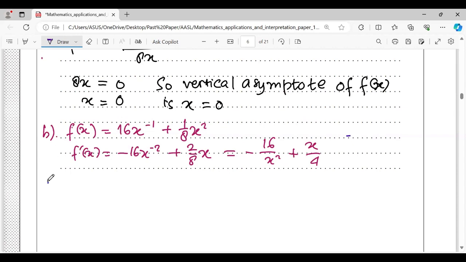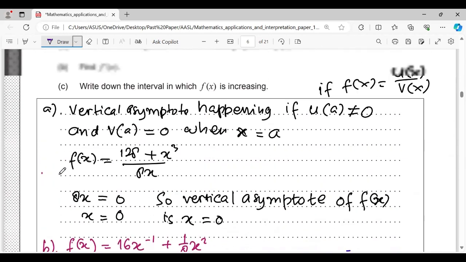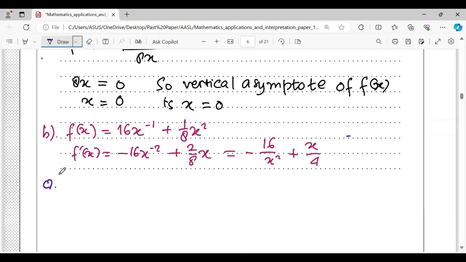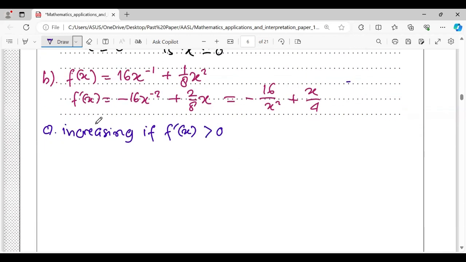Next, about the increasing interval. It happens if the derivative is greater than 0. If the derivative is greater than 0, it means minus 16 over x squared plus x over 4 is greater than 0.